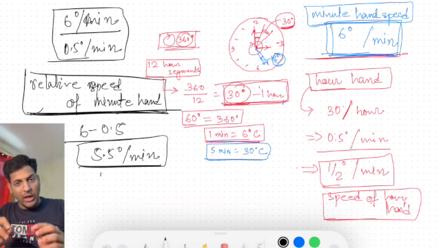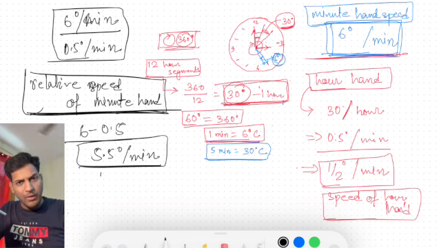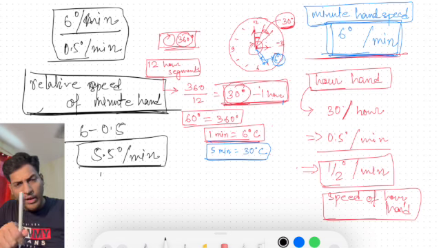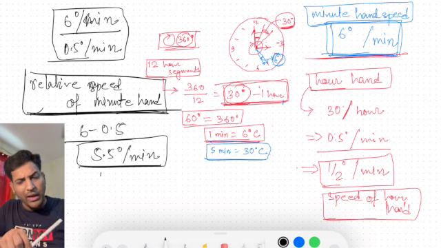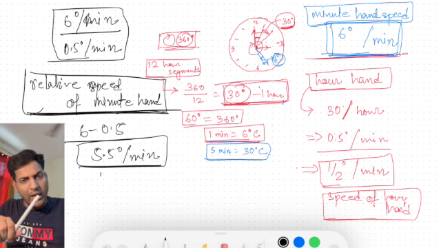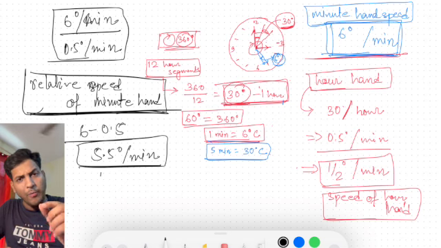With respect to the hour hand, which is going ahead 0.5 degree, the minute hand is moving at the rate of 6 degrees per minute. So the relative speed of minute hand will be nothing but 5.5 degrees.